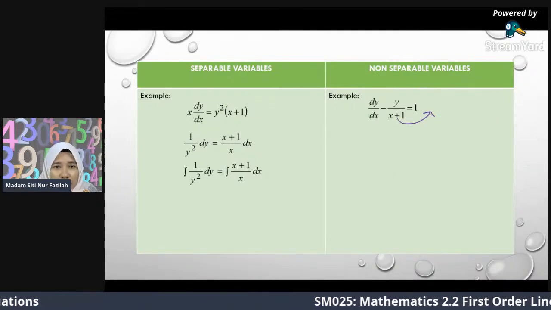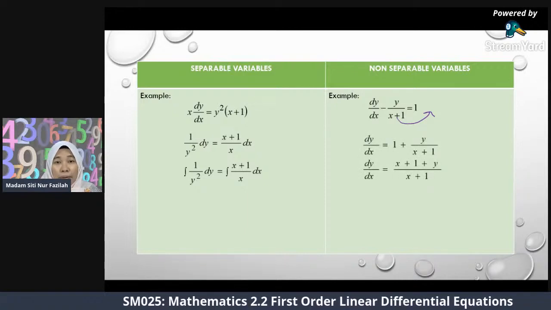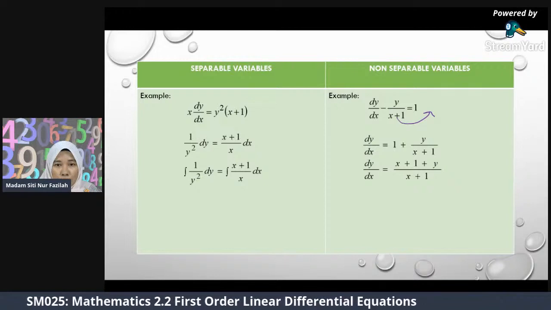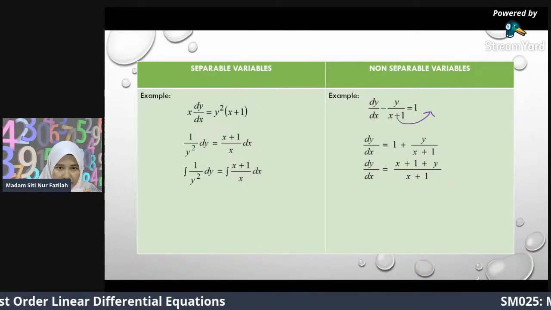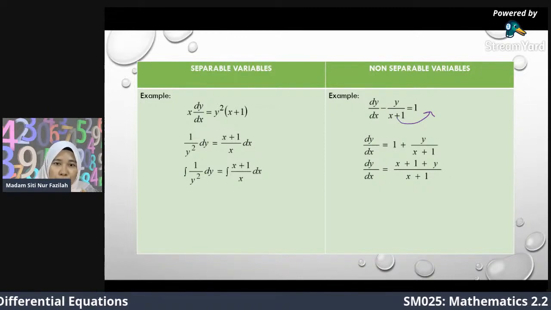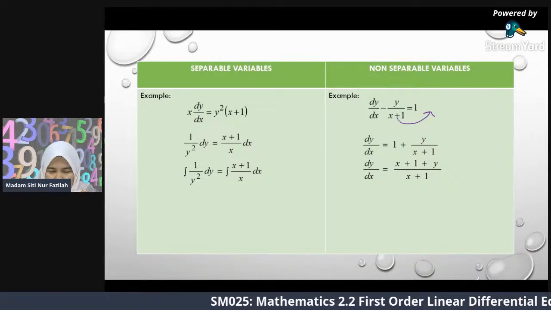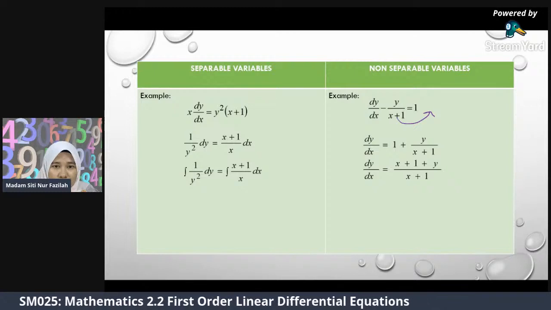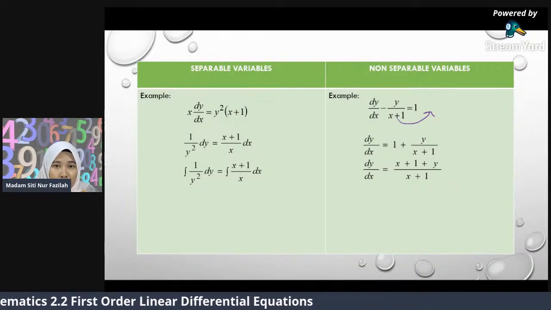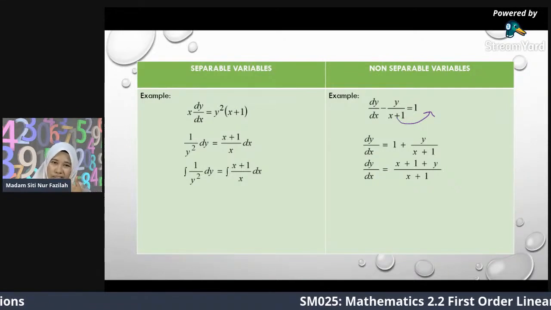So dy over dx equal 1 plus y over x plus 1. Then we get the same denominator, x plus 1: dy over dx equal x plus 1 plus y over x plus 1.